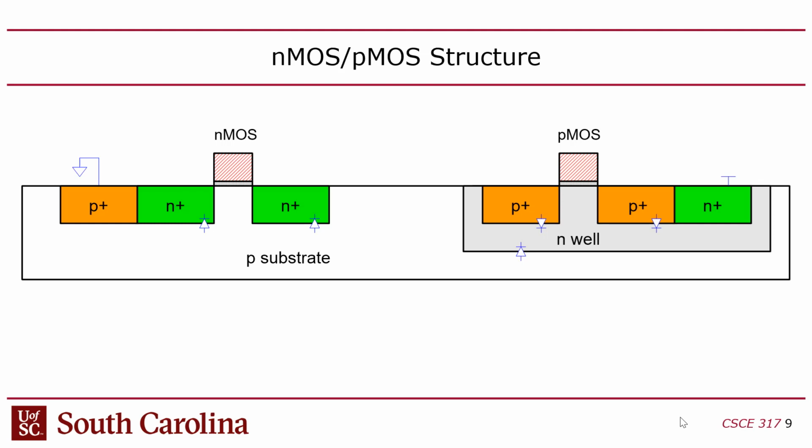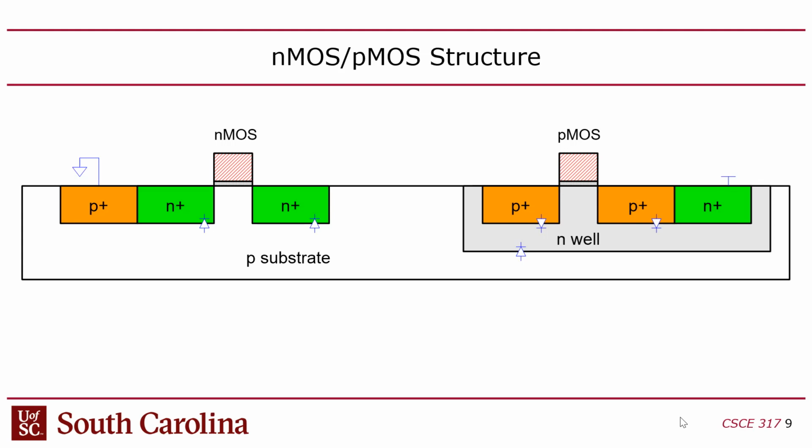See, the problem with the PMOS is you have to have the P diffusion area now, right? But the problem is the substrate was already P. So how do we ensure that the diffusion area is different from the substrate if our diffusion area has to be P and our substrate's already P? The way you do that is you create a well.